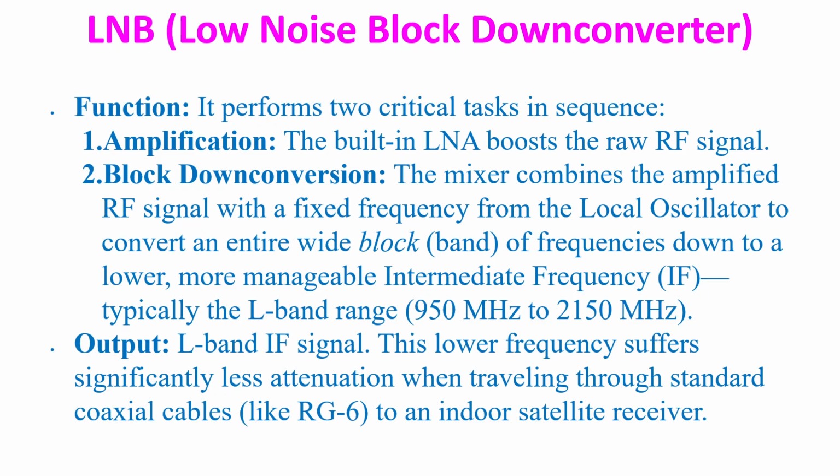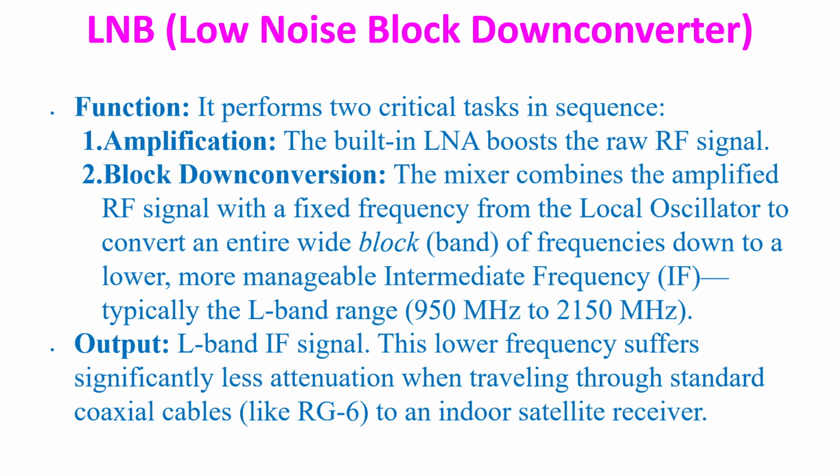Block down conversion: the mixer combines the amplified RF signal with a fixed frequency from the local oscillator to convert an entire wide block or band of frequencies down to a lower, more manageable intermediate frequency, typically the L band range, 950 to 2150 MHz.